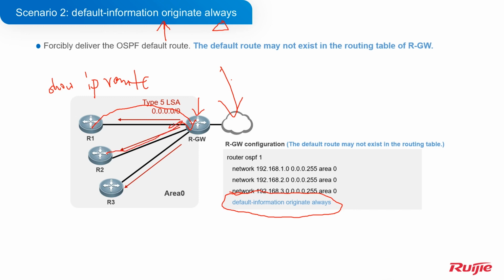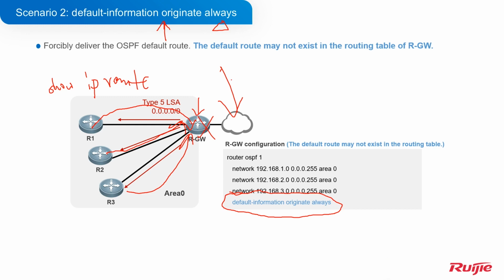R2 also sends the packet to the RTW, and R3 is the same, right? After this, the packet reaches the RTW, and the RTW will check the routing entries, and we will find it doesn't have a routing entry to access the internet, right? And then the RTW will drop the packets.